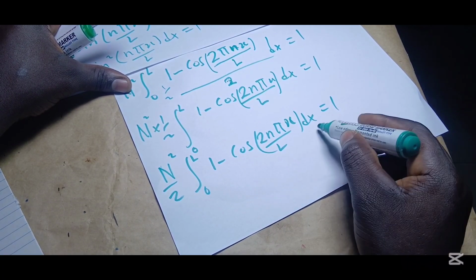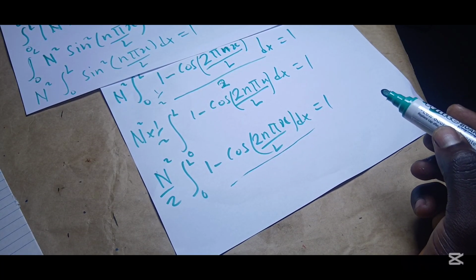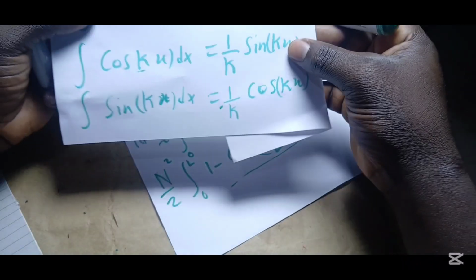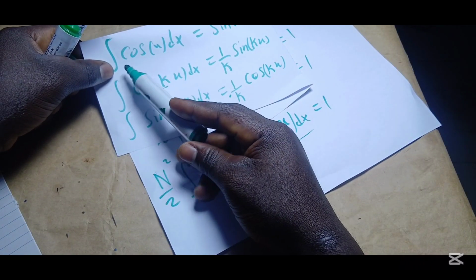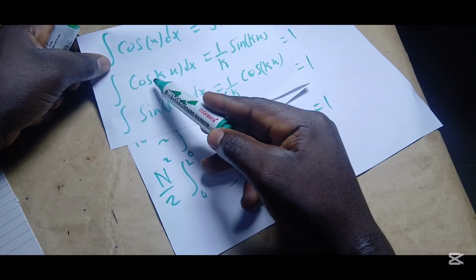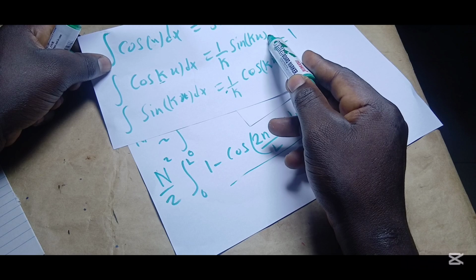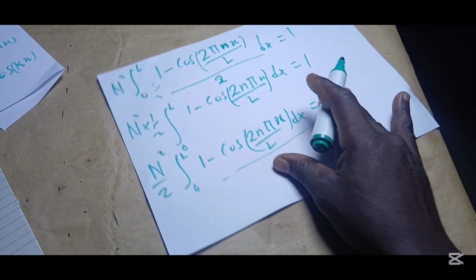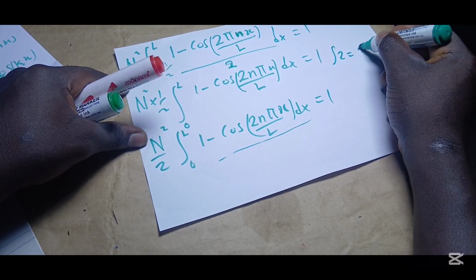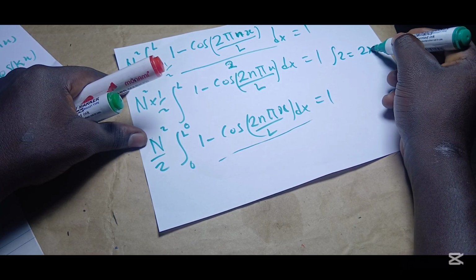So now we integrate this term here. If you are integrating cos x dx, it gives you sine x. Cos kx dx gives you 1 over k, sine kx. In this case, integrating a constant will give you the constant multiplied by the variable in concern.